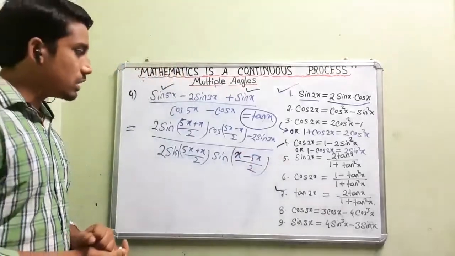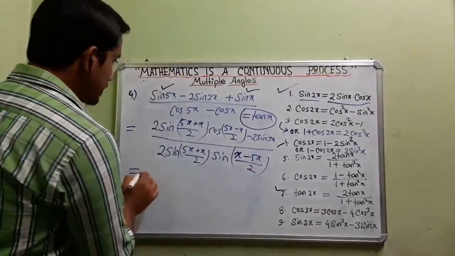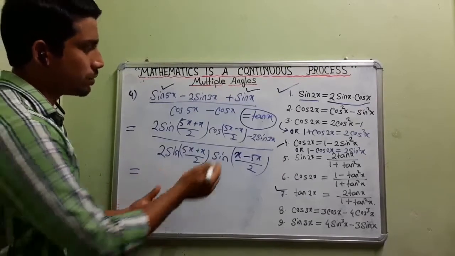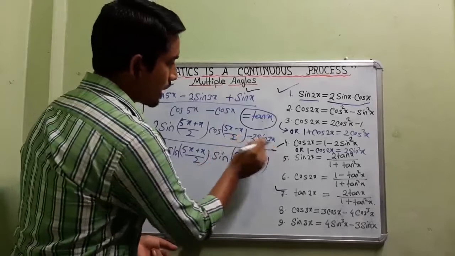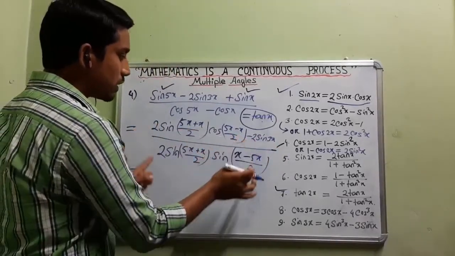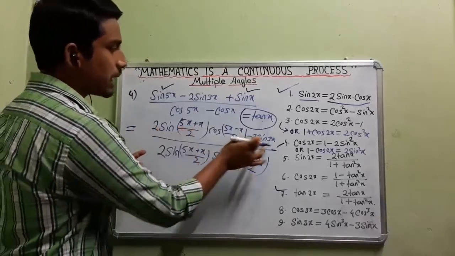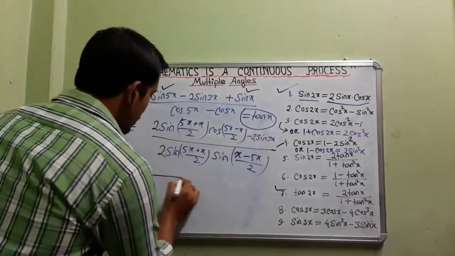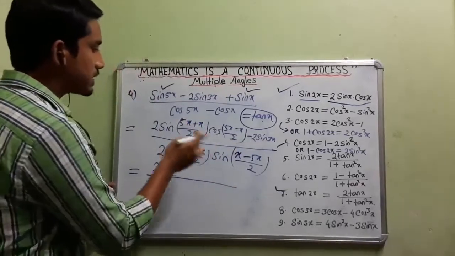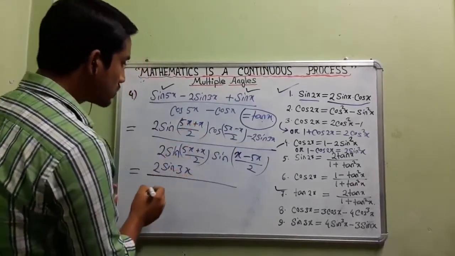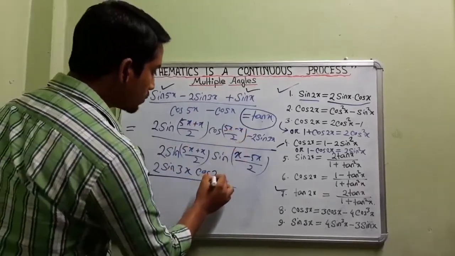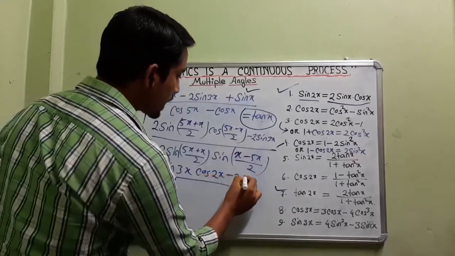Now let us do the calculation. These two things will get cancelled, isn't it? No, because minus is there. This is not a single term. If it were a single term, then these two parts would get cancelled, but because minus is there, we will not be able to cancel out. So let us simplify. 2 sin of (5x plus x) by 2, that is 6x by 2, so it will be 3x, into cos of (5x minus x) by 2, that is 4x by 2, 2x, minus 2 sin 3x.